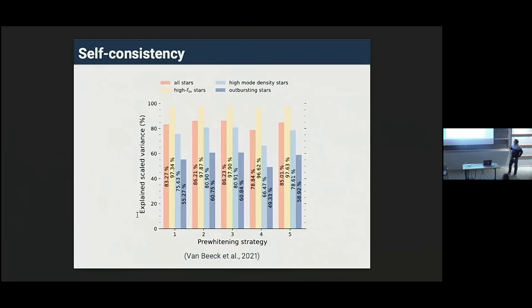Whereas on the other side, the blue stars are low FSV stars where the model does not seem to work that well. For the high FSV stars, the pre-whitening strategy does not seem to matter that much. The results are very similar in terms of the fraction of explained scaled variance. There is somewhat more difference between different strategies for the low FSV stars.